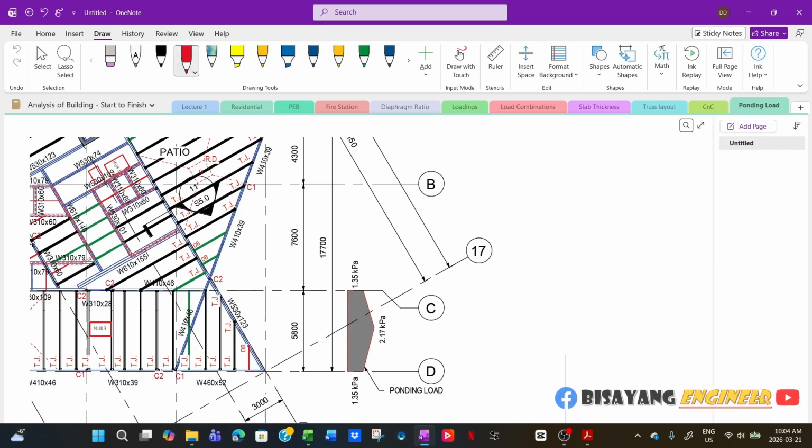Now, if you noticed, I have this diagram because this is important for the joist.